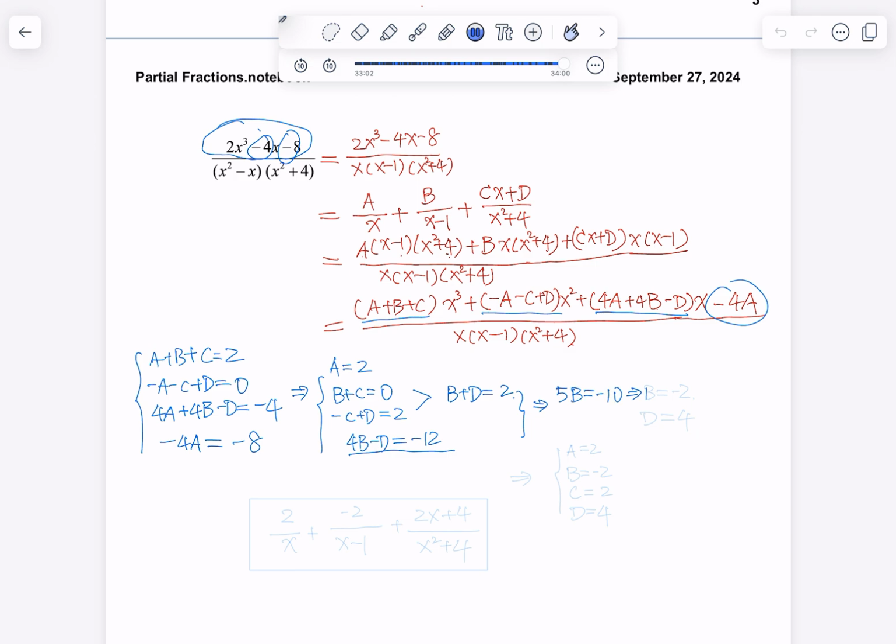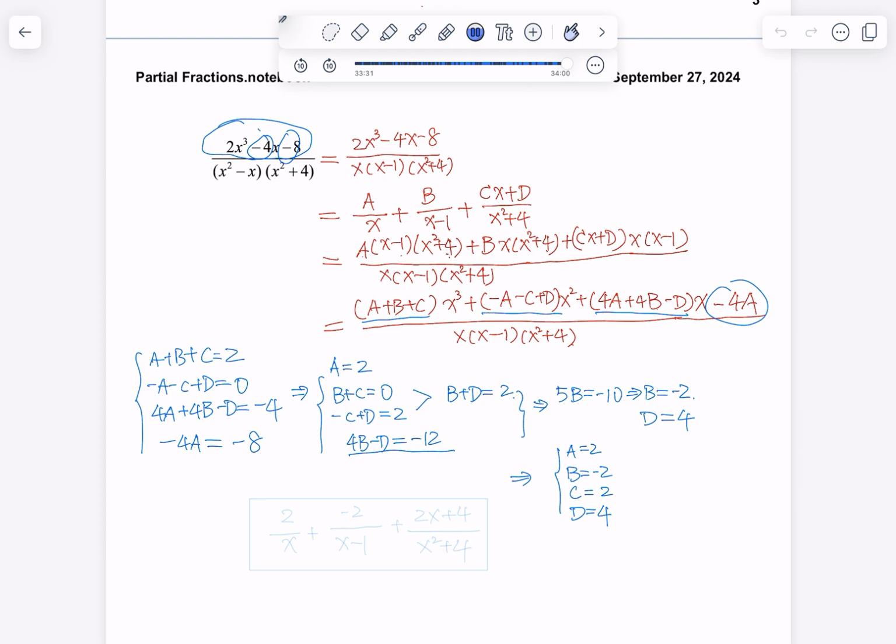That means B equals minus 2, and D equals 4. The final solution would be A equals 2, B equals minus 2, C equals 2, and D equals 4.